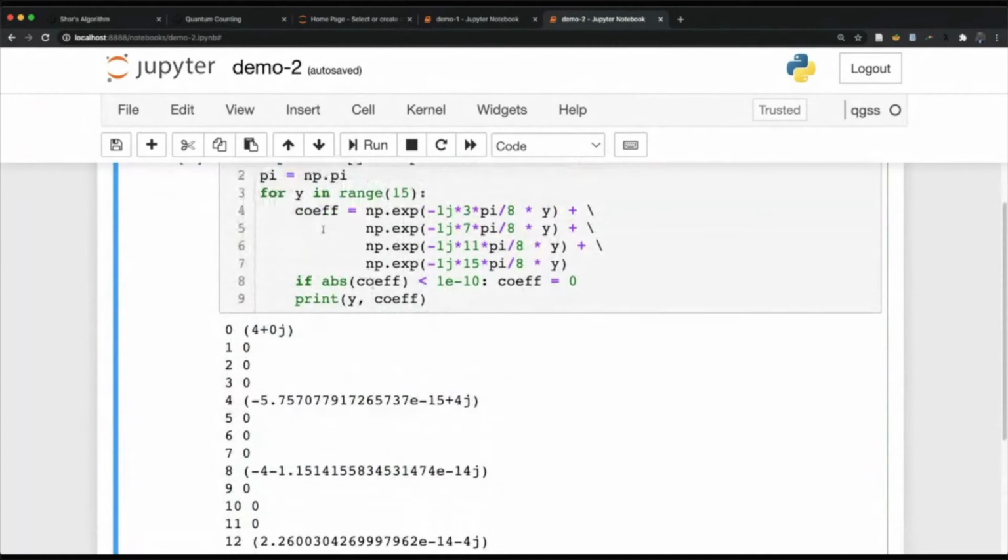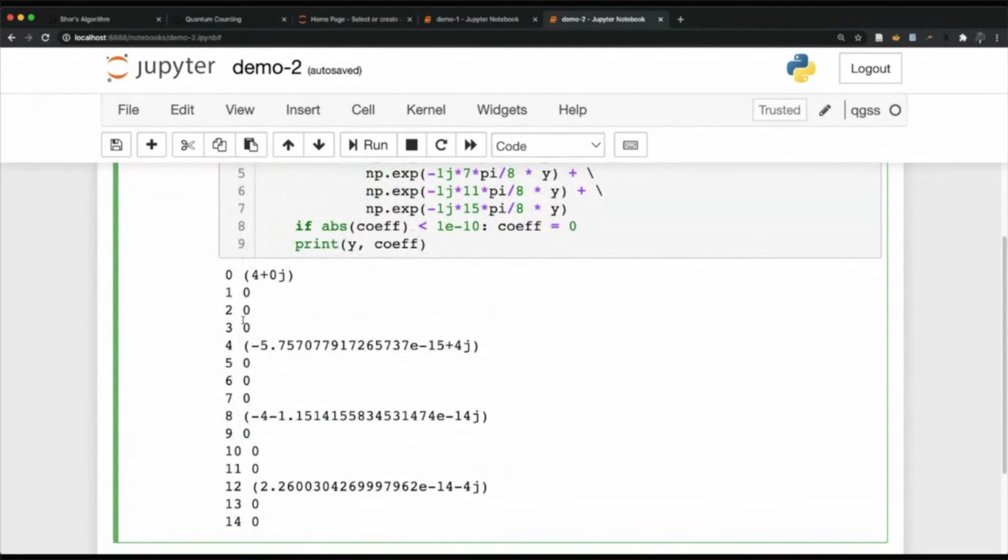So we're doing this for all y's, right? y going from 0 to 15. Look at how for most of these, the sum is 0. And so what that means is only a few terms survive. So 4 of these terms survive. And so let's stop sharing now and go back to our iPad and start writing down what that sum becomes.